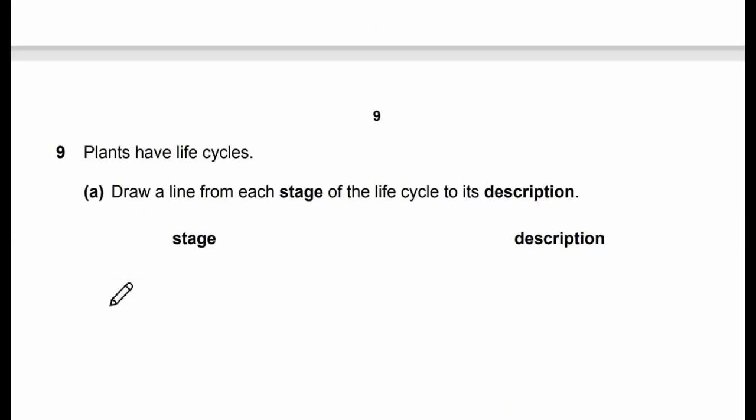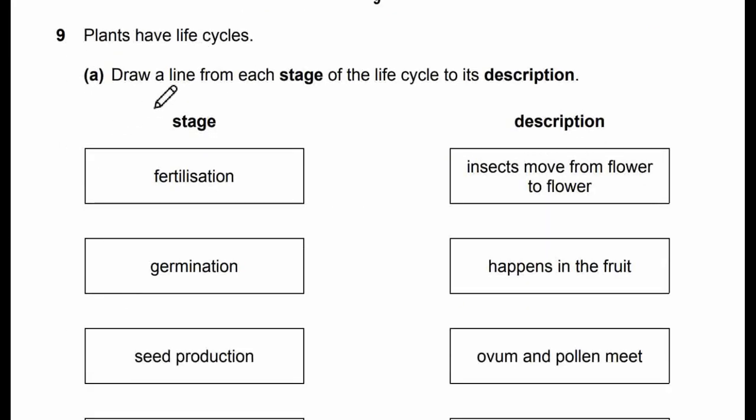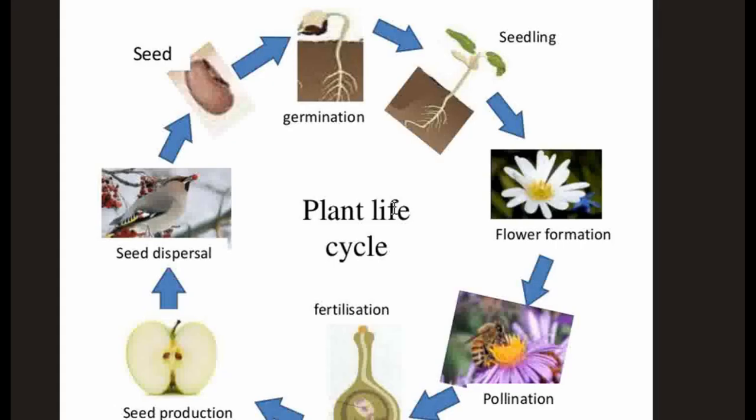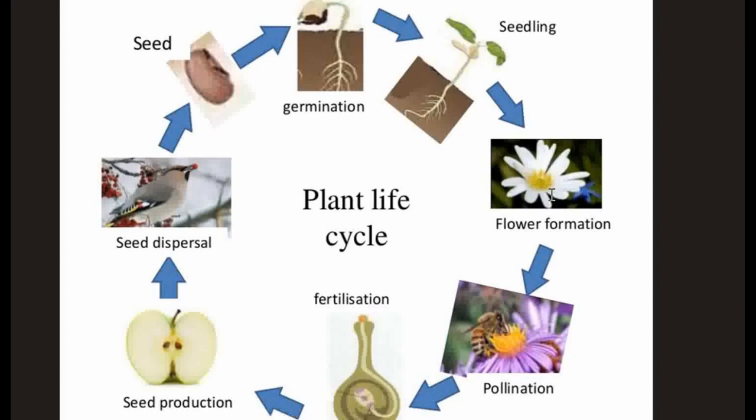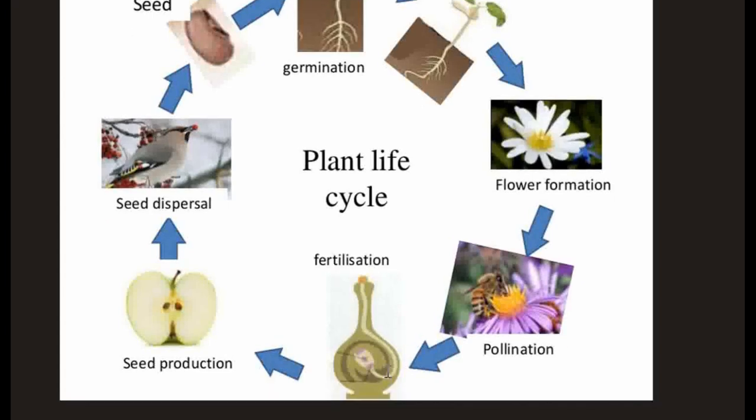Let's go to the next question, number 9. Plants have life cycles. Draw a line from each stage of the life cycle to its description. Fertilization, germination, seed production. Let's see the cycle of a plant. Here, it starts from the seeds. Seeds germinate, called germination, and start to grow roots, and then as a seedling, grow new leaves, and then it forms a flower. After that, there will be pollination, and then it causes fertilization.